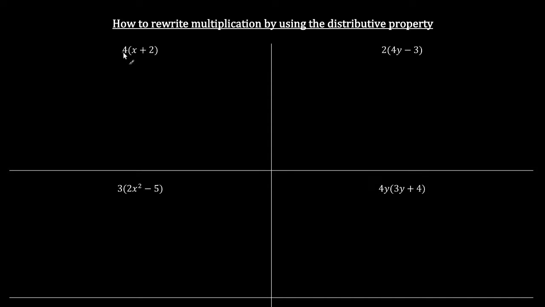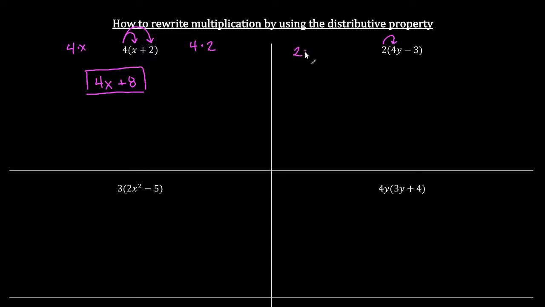So positive times a positive is a positive. 4 times x is 4x. A positive times a positive. A positive 4 times 2 is 8. So positive 8. Go to the next one. A positive times a positive.